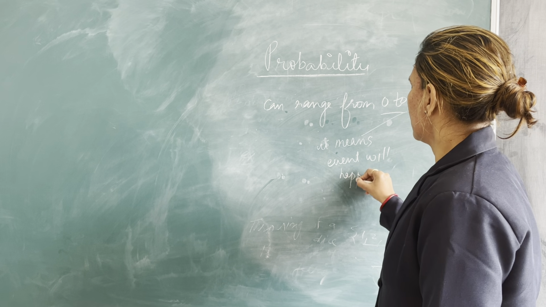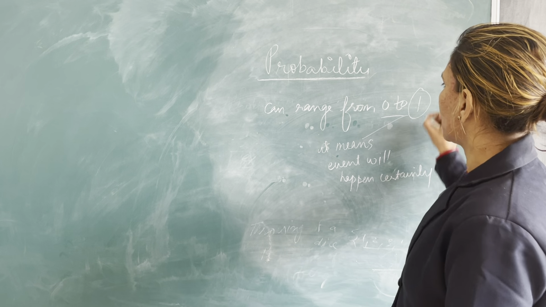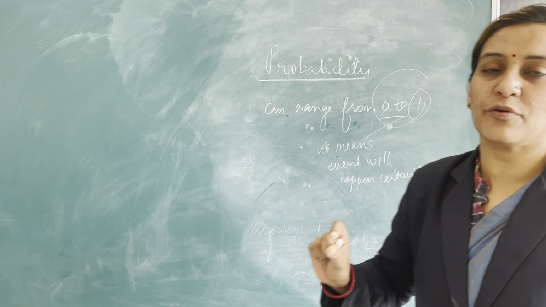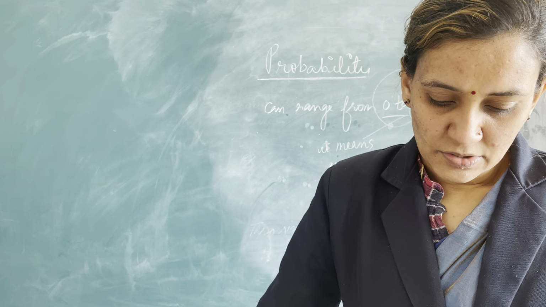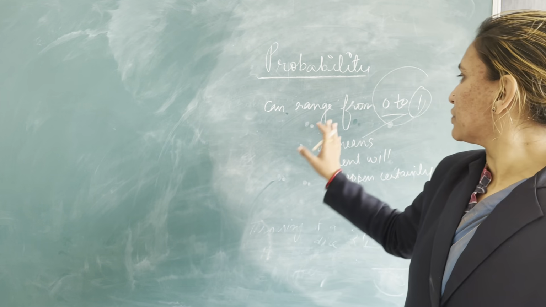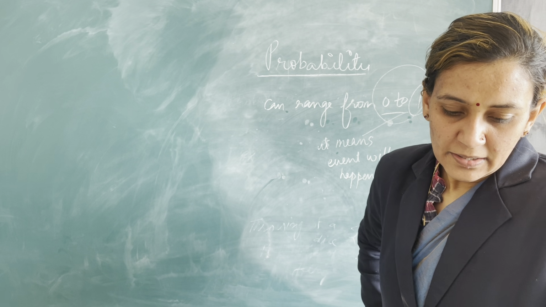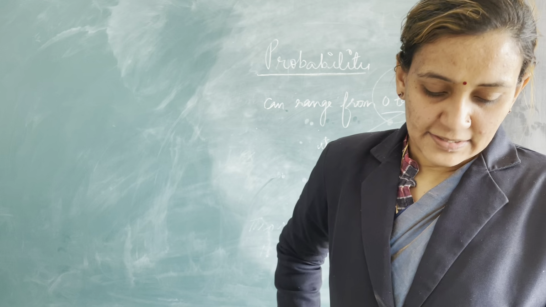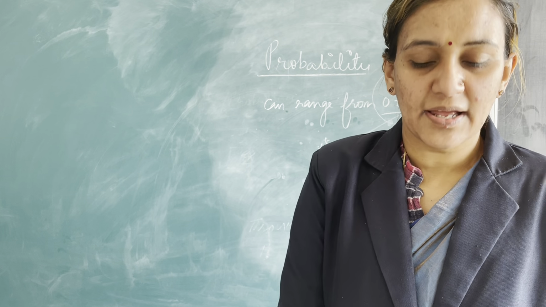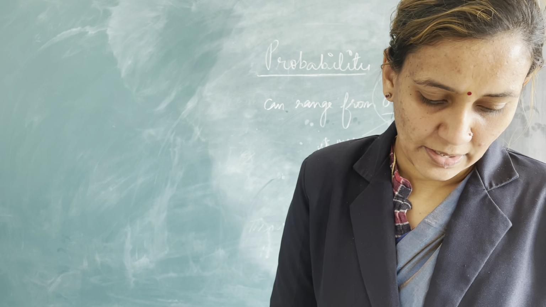Is it clear? So this is very important to remember: the value ranges only from 0 to 1. The probability of an event happening is never negative.